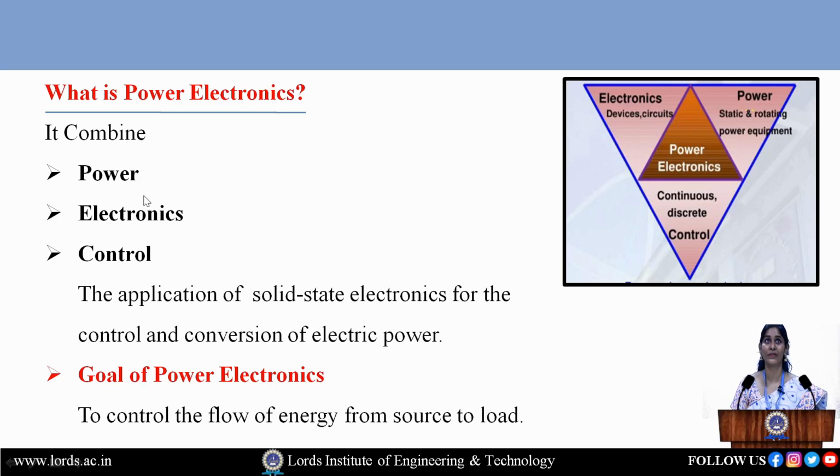Power deals with static and rotating power equipment used in generation, transmission and distribution. Electronics deals with the circuits and devices used in the circuit, and control deals with continuous and discrete control.